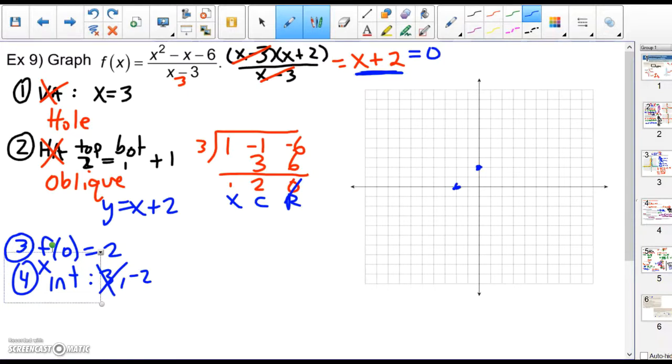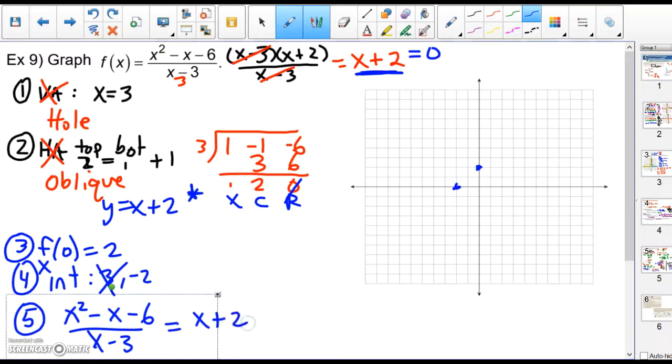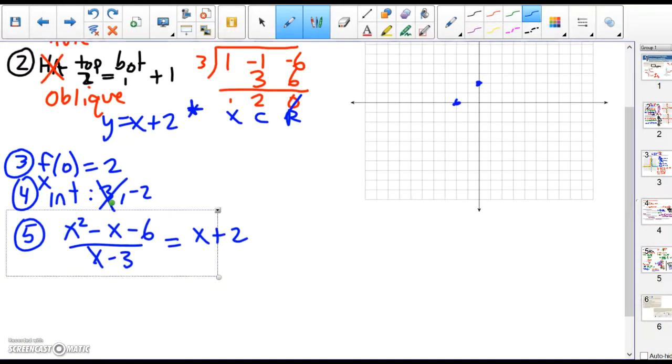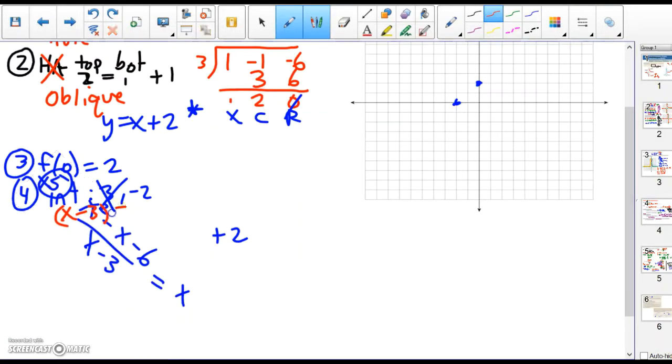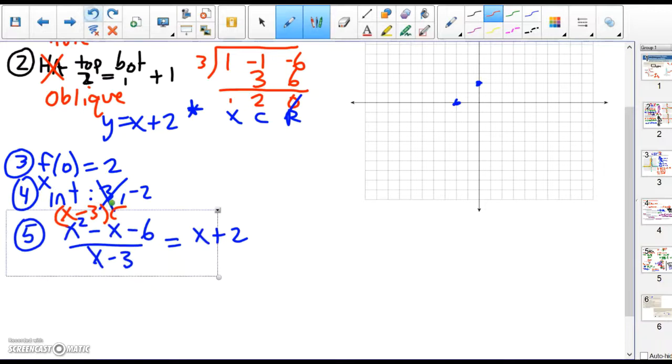Step 5 says, does this thing cross the asymptote? Well, if you set the function x squared minus x minus 6 over x minus 3 equal to the oblique asymptote, x plus 2, once you factor this into x minus 3 times x plus 2, and the x minus 3's cancel out, you've got x plus 2 equals x plus 2, and that's always true.